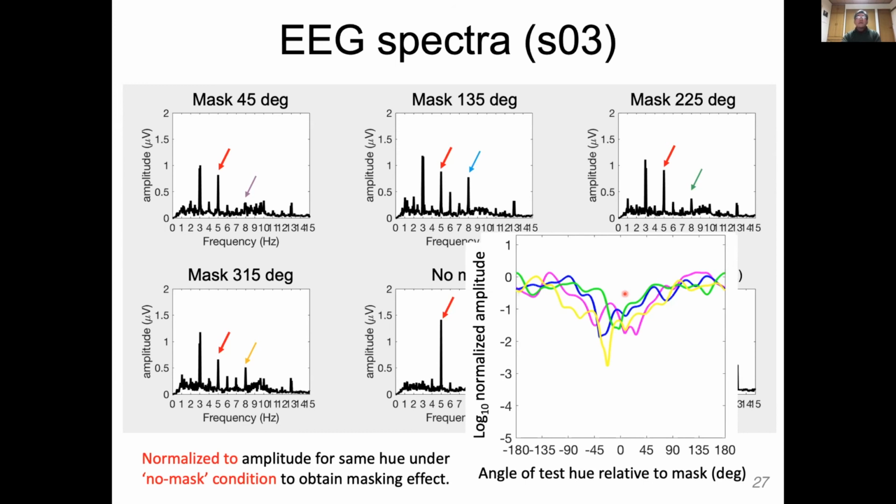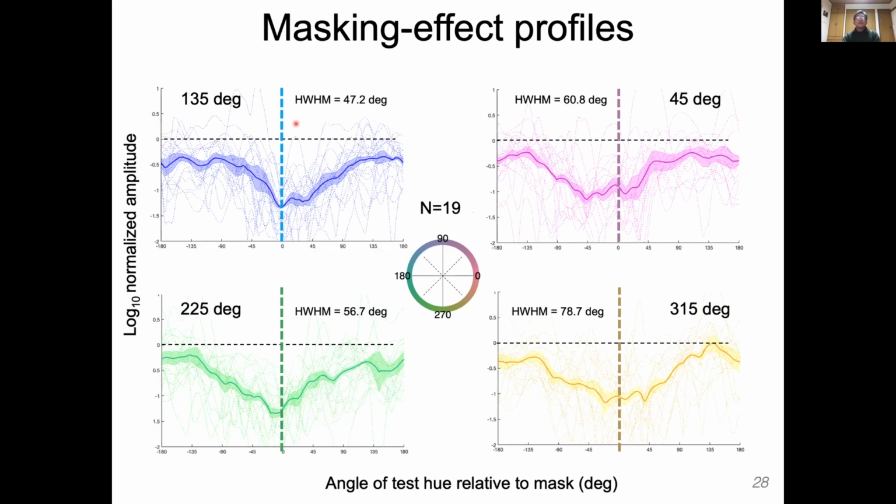And here are the masking effect profiles averaged over 19 subjects. Different panels show the results from different masking conditions: 45-degree magenta, 135 cyan, 225 green, and 315-degree orange.